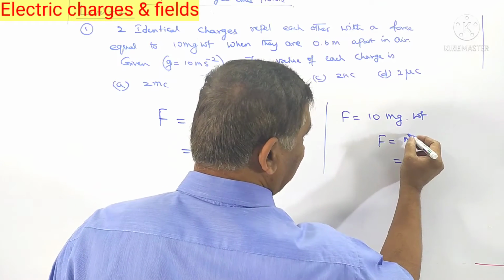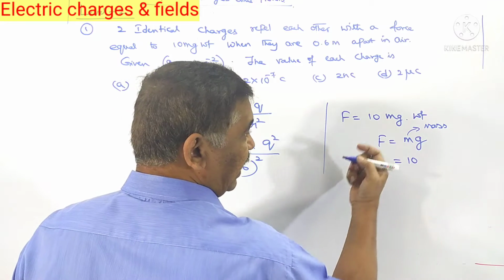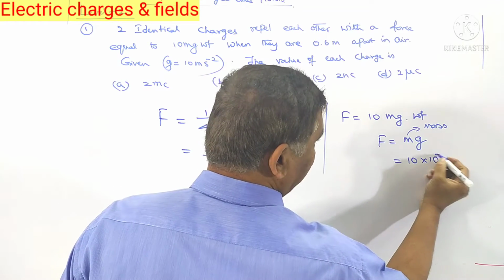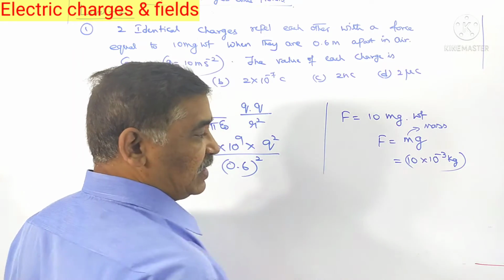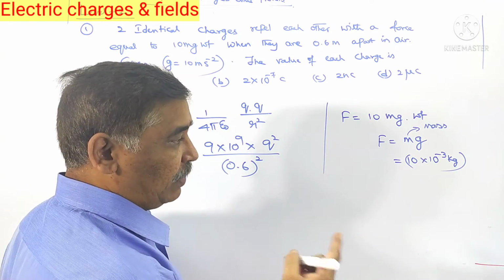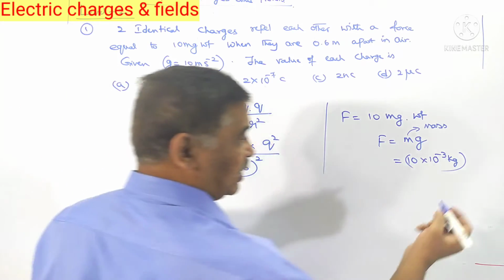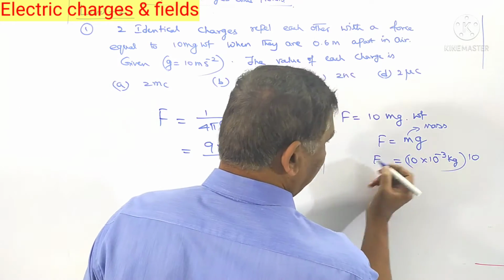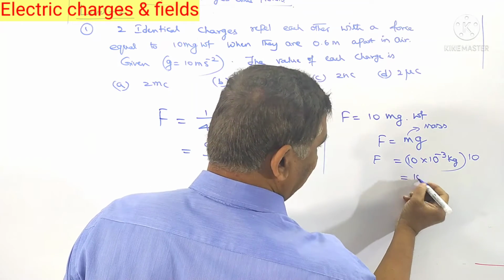M stands for mass. 10 milli is 10 power minus 3 kg, so 10 milligram is replaced by 10 into 10 power minus 3 kg. Then g is 9.8, of course in our problem it is given as 10. This gives us force. If you simplify, you get 10 power minus 1 here.